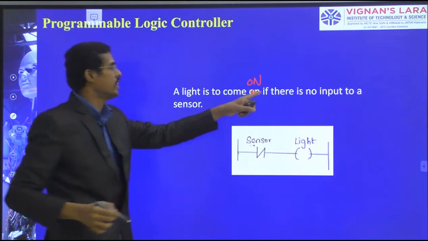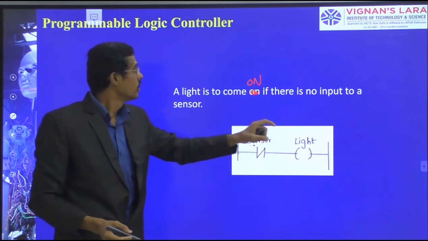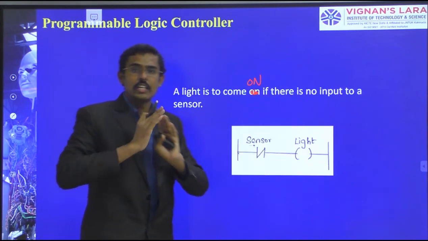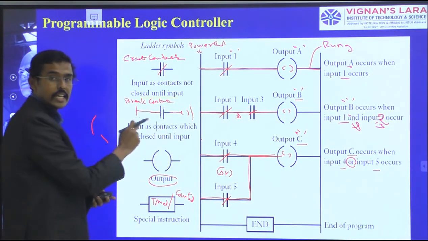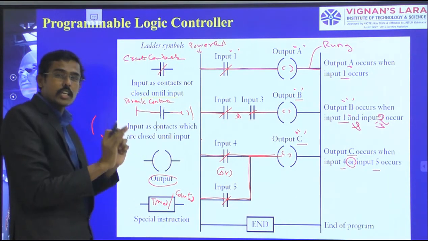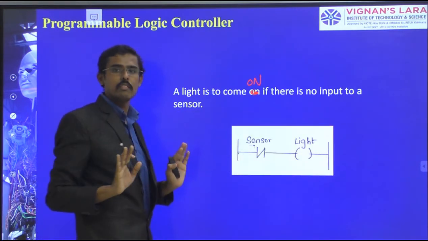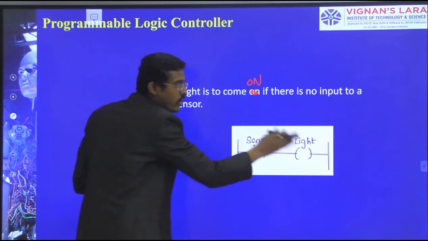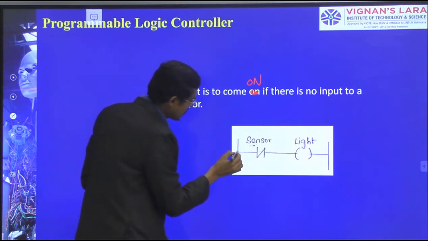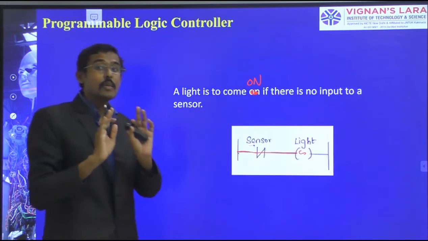Now the light is to come on if no input is sensed. For this, we are going to use the break contact here. At the nil position, it is giving the power. At the nil position, I have not even touched or sensed it, so the power circuit keeps moving there, and we get the light on.